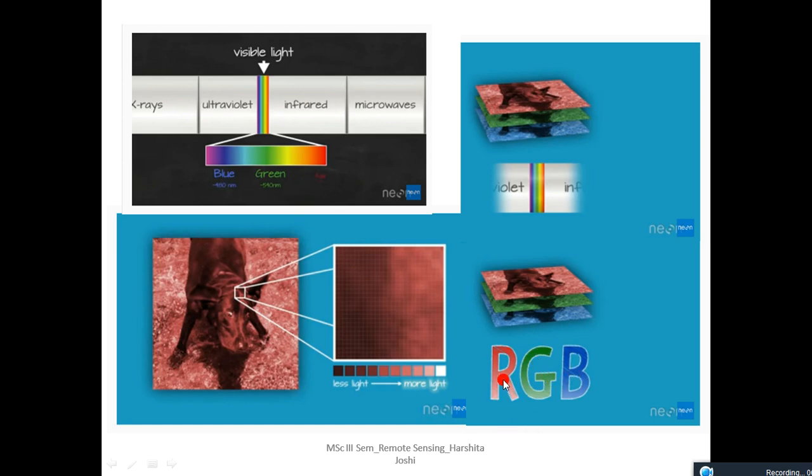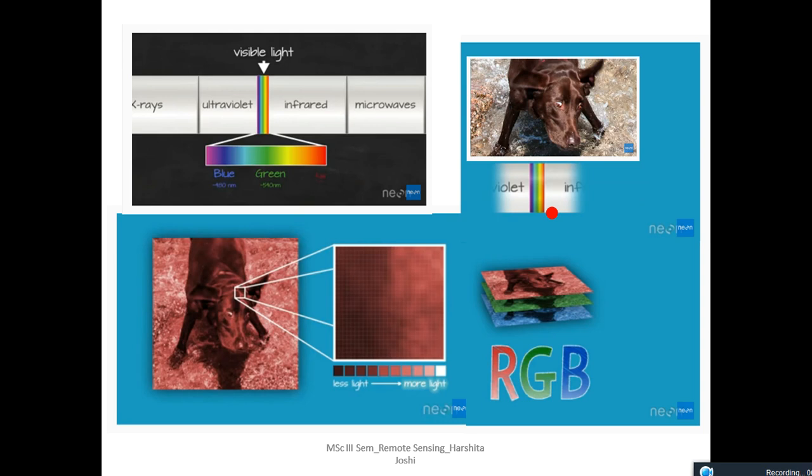This is known as the red, green and blue band as seen here. So we can take various images in microwave also, infrared also, ultraviolet and x-rays also. Here I am trying to show you an example which we can easily see with our eyes. So if we take 3 different bands and then combine and make one photograph, this is what we will get.